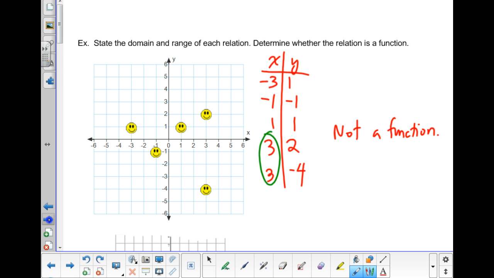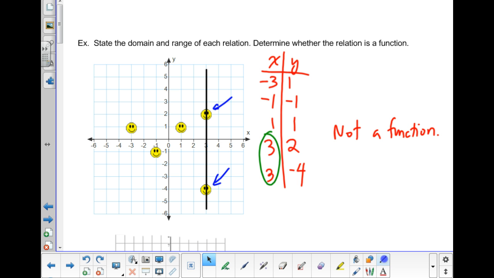Again, it only takes one pair of x's to repeat for it not to be a function. Now, that's by taking these points and actually putting them in an XY column. Now, if you physically notice, the 2 points that caused this not to be a function were this point here and this point here. Now, what is the relationship you notice about these 2 points? Well, as you can see, they're vertically right above each other.